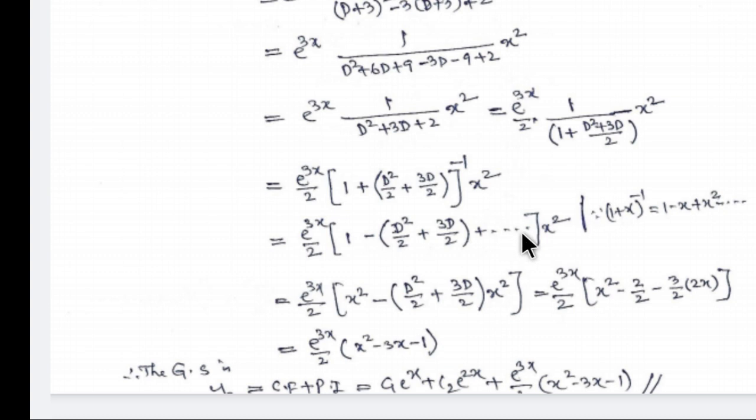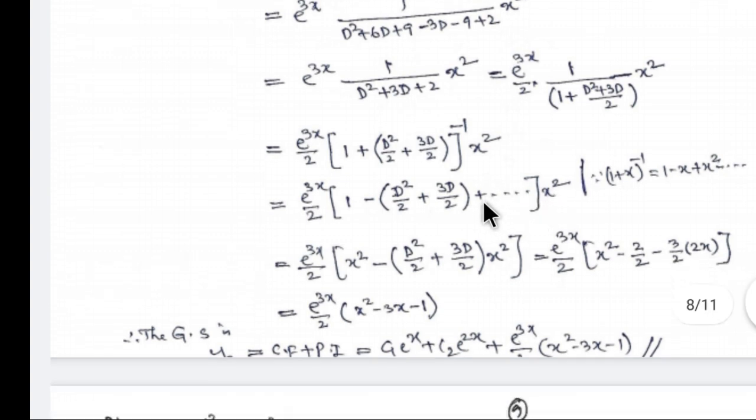Only this term is useful here. Then operate on x square: x square into 1 minus d square by 2 plus 3d by 2 of this x square. The remaining terms are neglected, since all higher derivatives of x square become 0.